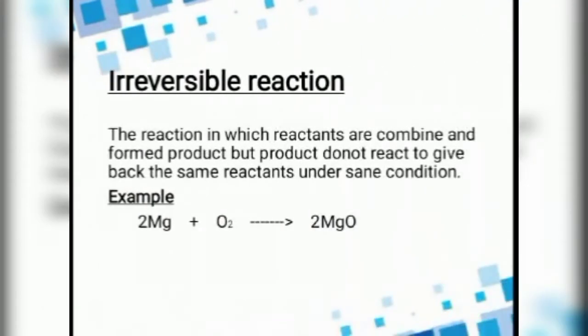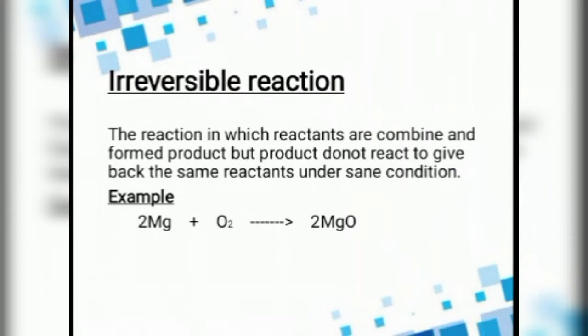So, the irreversible reaction is the reaction in which reactants are combined and form product, but the product cannot produce the same reactants. Or we can also say that the reaction cannot take place in a reverse direction. Here this is an example of an irreversible reaction.